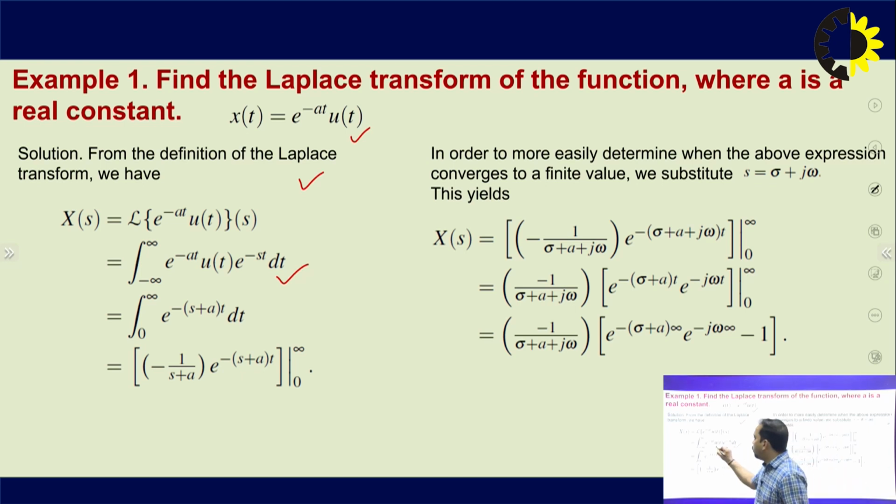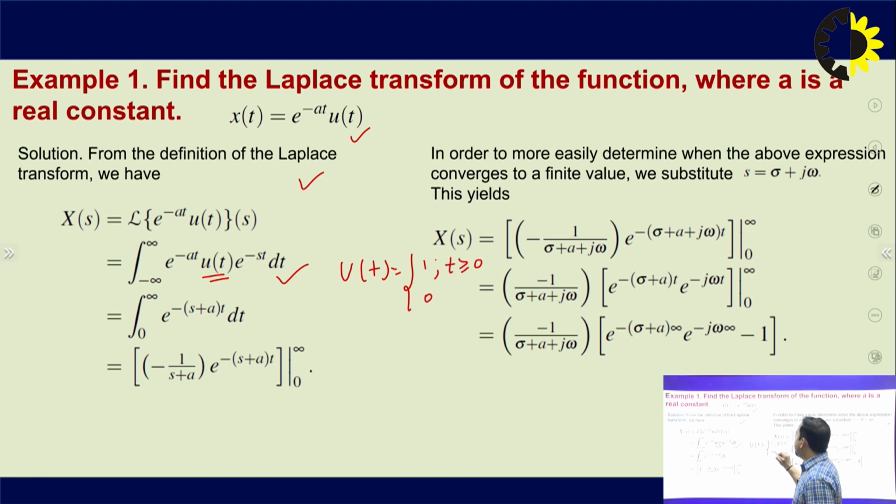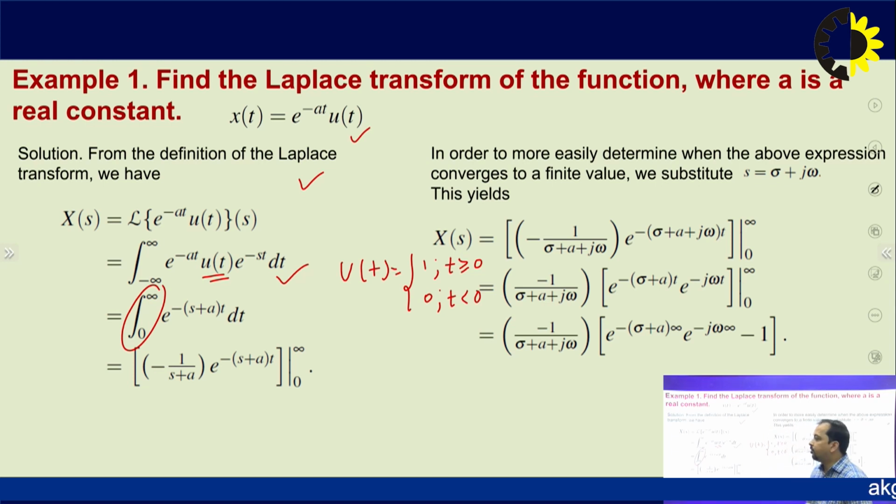Now because of u(t), we are already aware that u(t) is 1 for all t greater than or equal to 0 and 0 for all t less than 0. Due to this, the limits of integration change, and now they are from 0 to infinity of e^(-(s+a)t) dt, combining the exponential terms.